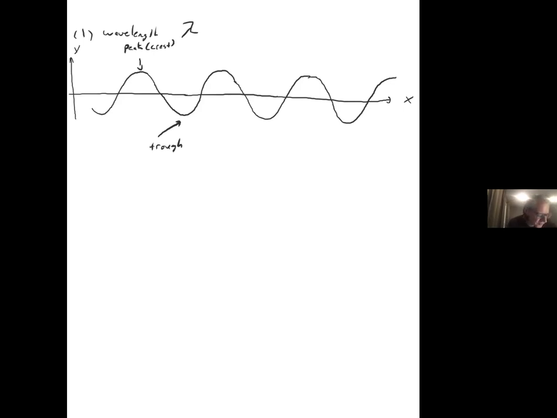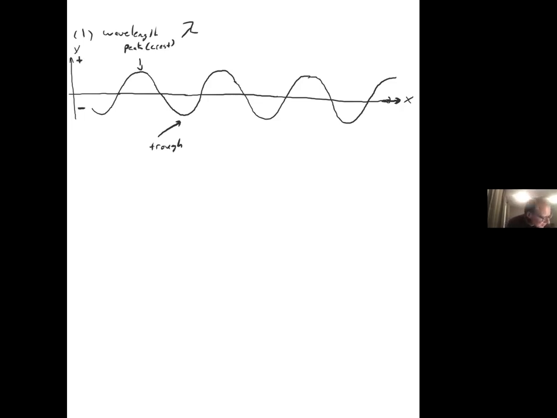And so notice sometimes the wave is going through the x-axis. Sometimes it's below, sometimes it's above. If it's below, sometimes we would say that it's negative. So anything below the x-axis is negative. Anytime it's above the x-axis, it's positive. Okay, above is positive, below is negative.